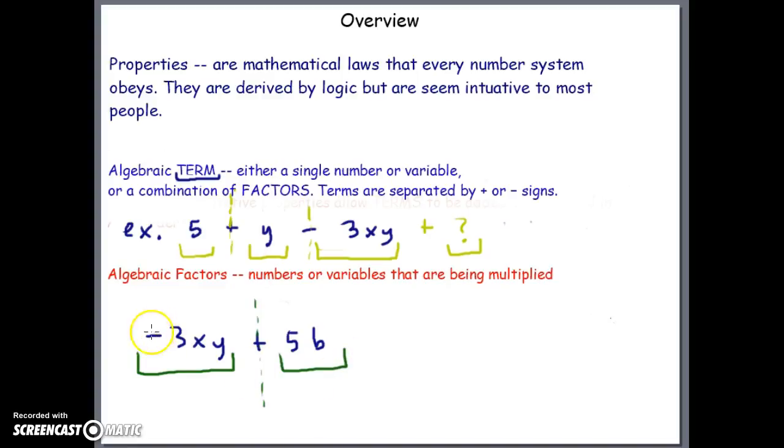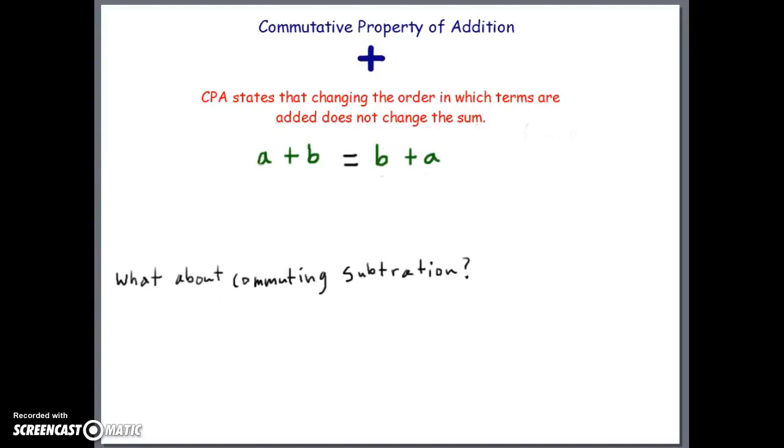Within the first term, we have three factors, three things that are being multiplied: negative 3, x, and y. In the second term, we only have two factors: 5 and b. So two terms, and then 5 factors, 3 in the first term, 2 in the second term. That's essentially how these two vocabulary words work.